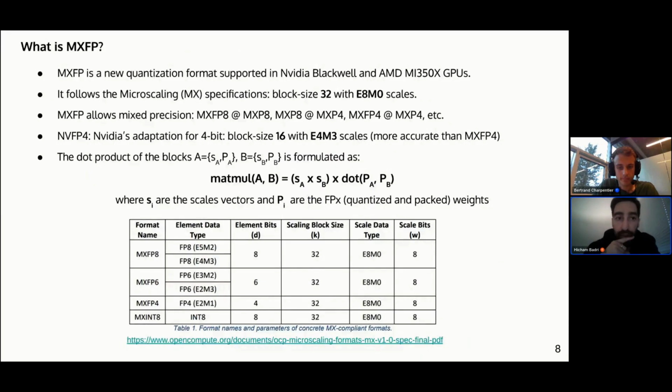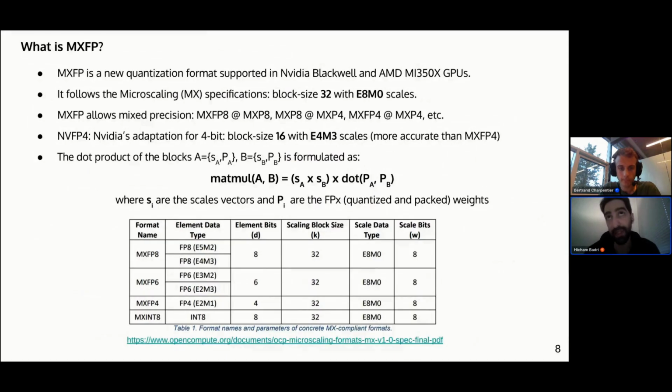It follows the so-called microscaling specifications, basically using block size 32 and using 8-bit scales. These are E8M0 scales, we are going to talk about it, but for now, just think about it as a normal quantization, like GPTQ or HQQ or whatever.